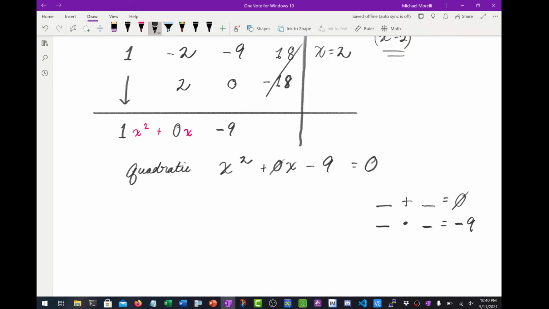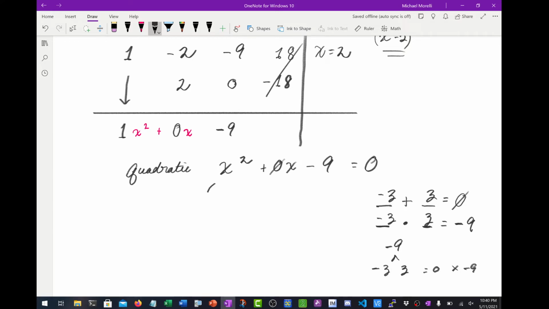And so a quick thought, if you take negative 9, you got negative 3 and positive 3. Those add to equal 0, but they multiply to equal negative 9. And so those are your factors. Negative 3, positive 3.